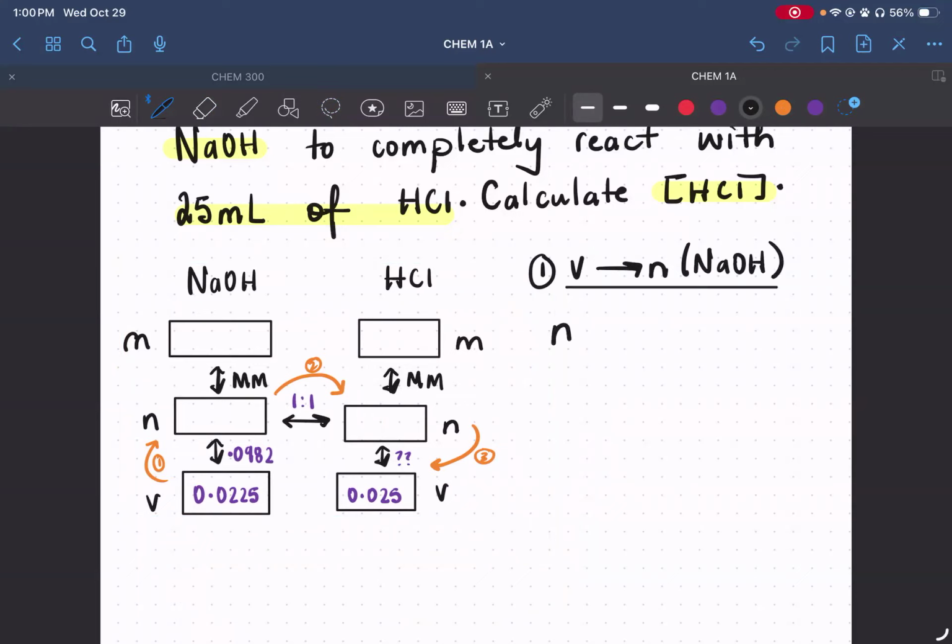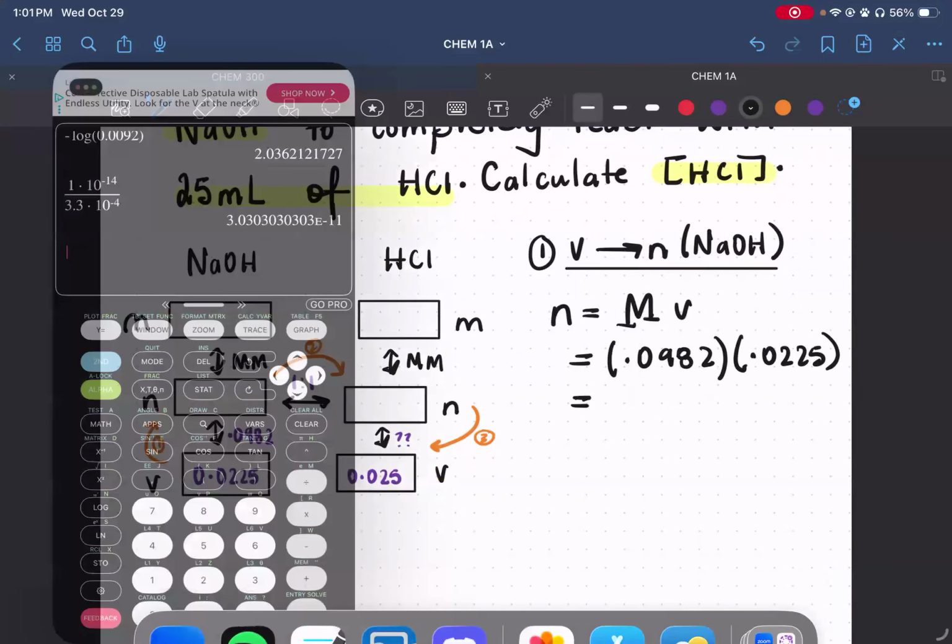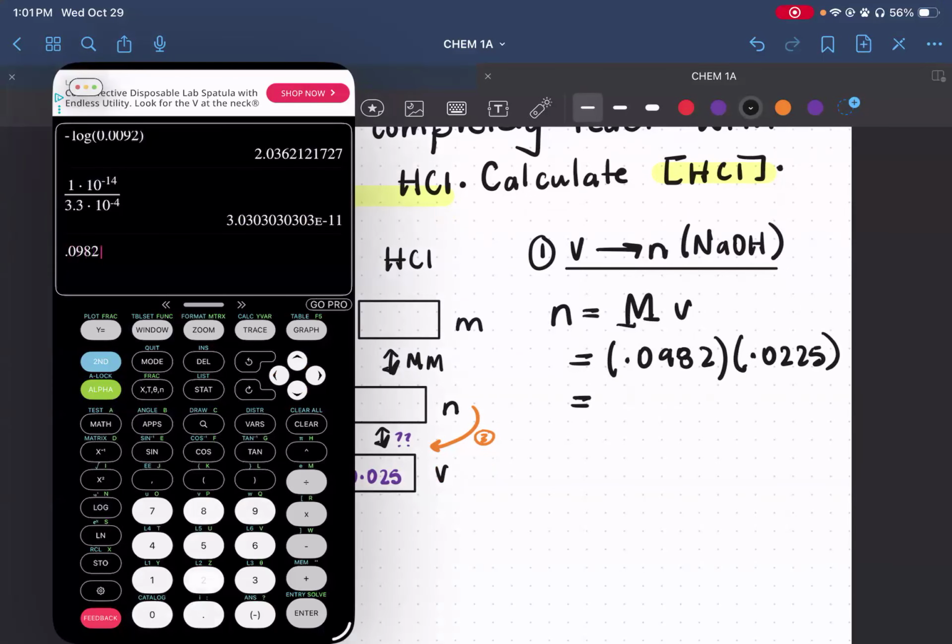We know the formula, n is equal to molarity times volume, where molarity is 0.0982, and the volume we've already converted is 0.0225. 0.0982 times 0.0225. Looks like we have a pretty small number. Let's put this in scientific notation.